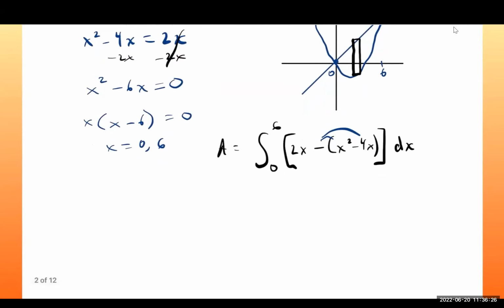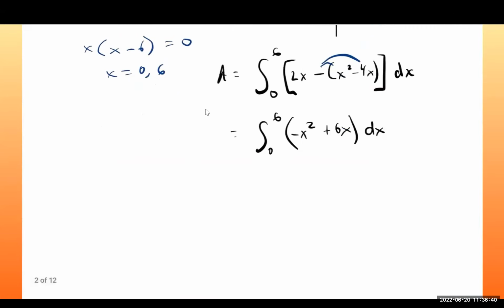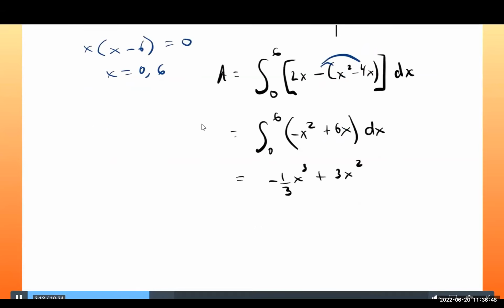After simplifying this, and then taking the antiderivative, that's going to be negative 1/3 x cubed plus 3x squared. All right, and we're going from 0 to 6.